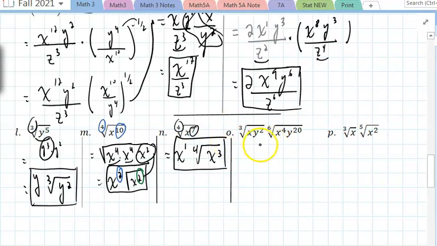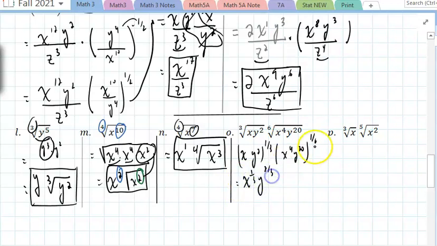If I multiply those, well, the index on the radicals doesn't match. I could say that's x y squared to the 1/3 and x to the 4th y to the 20th to the 1/6. Distributing, x to the 1/3, y to the 2/3, distributing 1/6, that divides by 2, that's 2/3.